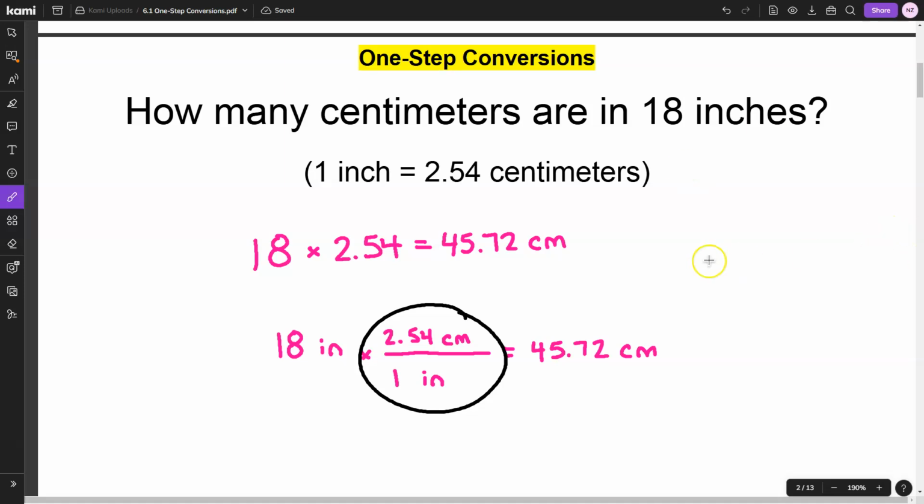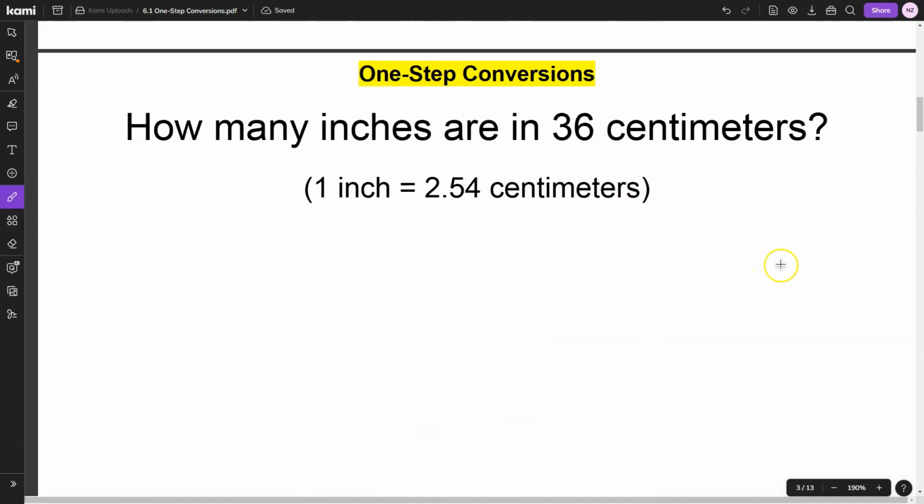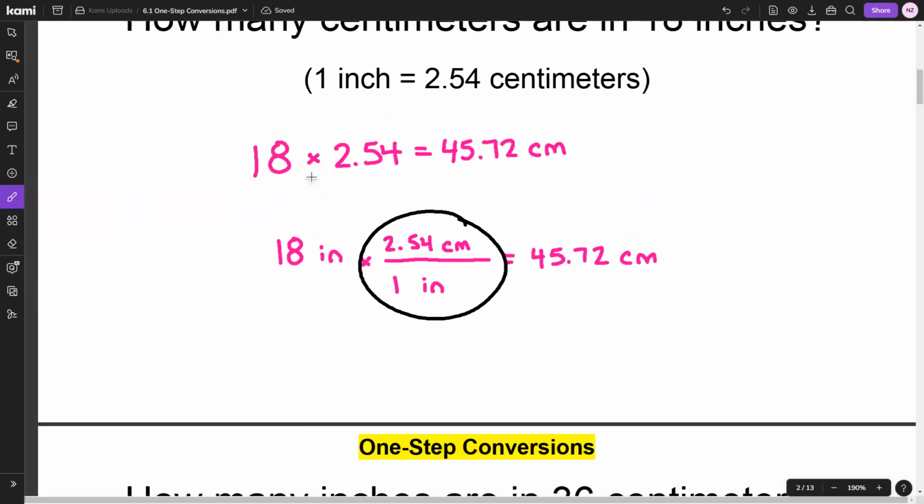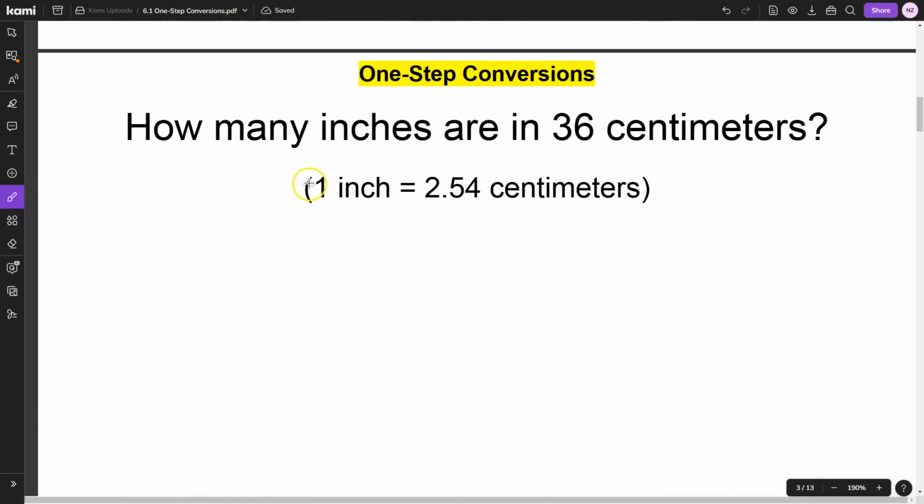So let's do another problem. This one says, how many inches are in 36 centimeters? Okay, so I'm going to set it up just like I did in the previous problem with a conversion factor. So that relates all of the units to each other. So I'm going to start with my given number, which is 36. And I'm going to set up my conversion factor.